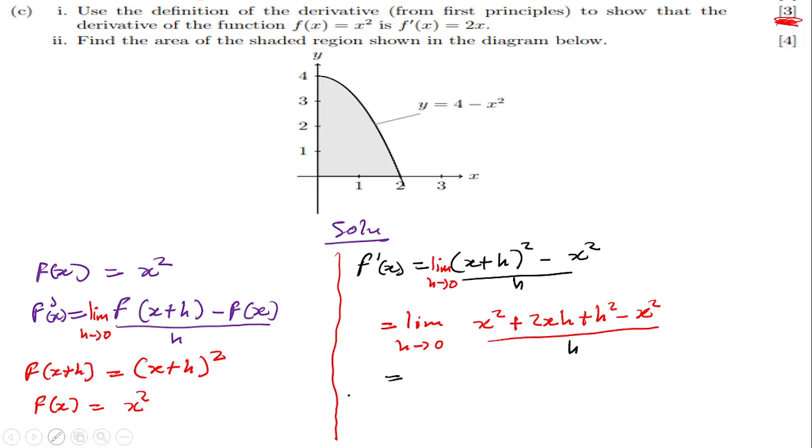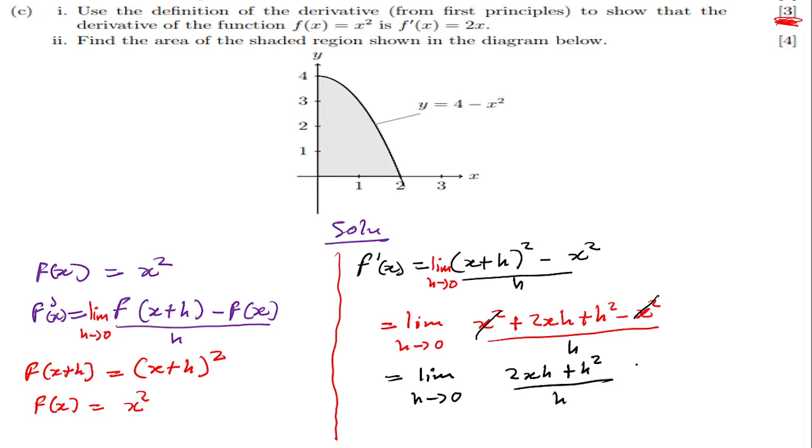Then one thing that you need to understand is that mostly this part has no mark. So we are going now to write a limit h approaching 0. So here, just working out that one and that one go. So you are now going to have 2xh plus h squared over what?